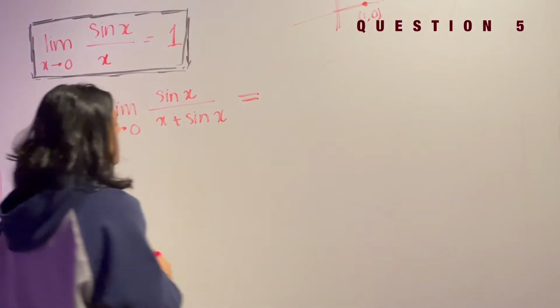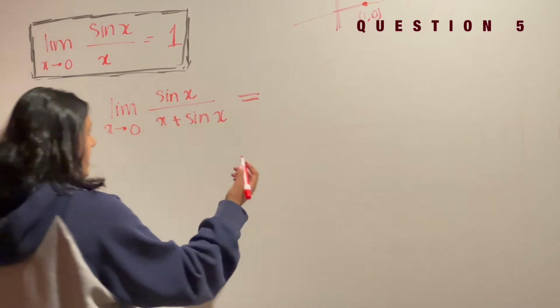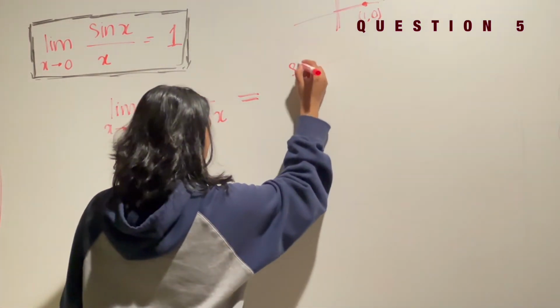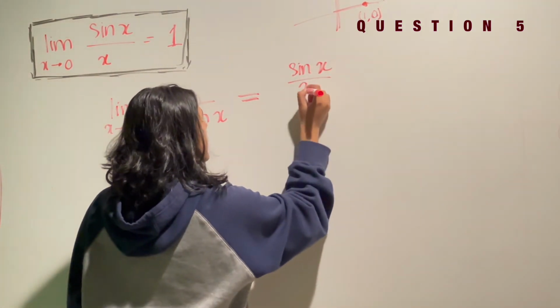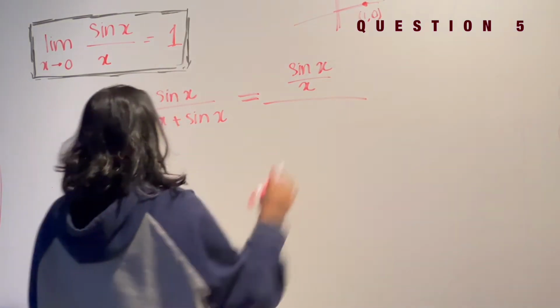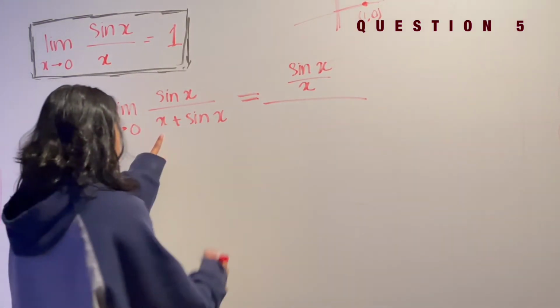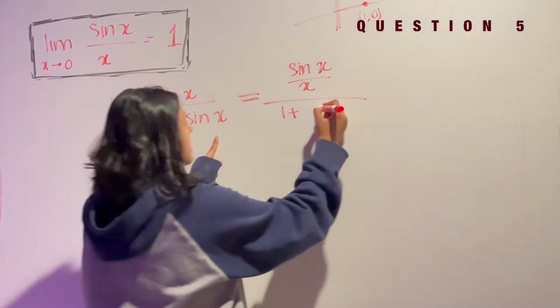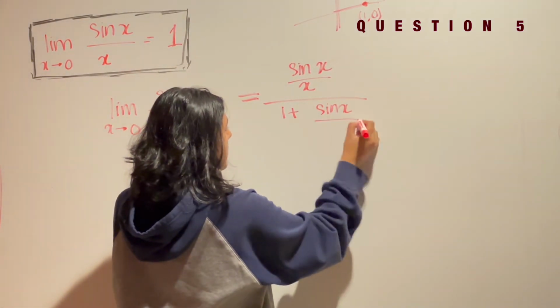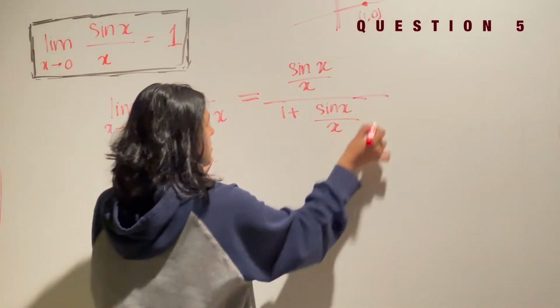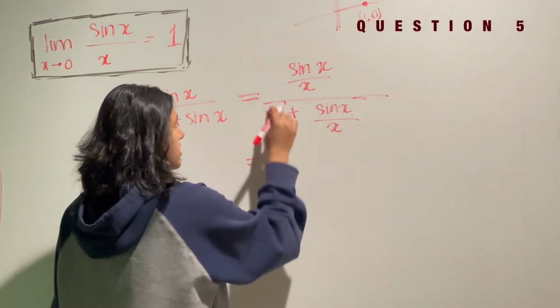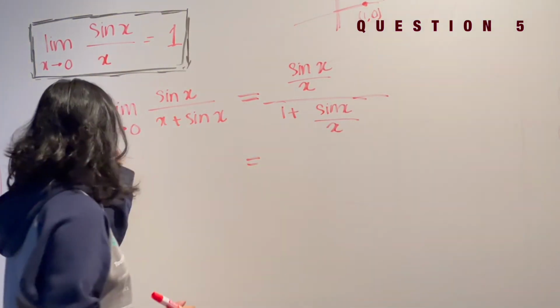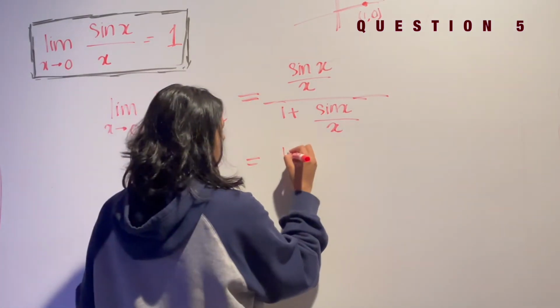So let's just divide the numerator and denominator by x. The reason we are dividing by x is that the numerator becomes 1, and over here, we divide this by x and we divide this by x, and a part of the denominator also becomes 1.